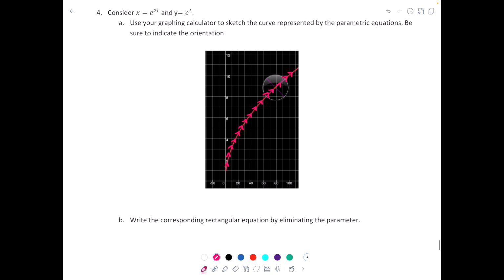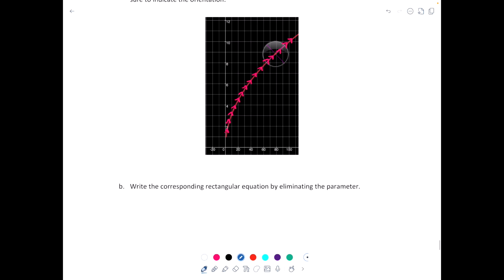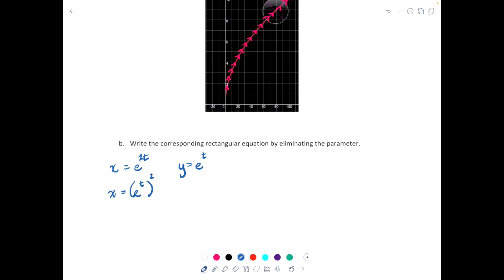And now our task is to eliminate the parameter. So we had x is equal to e to the 2t. We had y is equal to e to the t. Now, if we look at x, e to the 2t is equivalent to e to the t squared, because when you raise a power to a power, you multiply. And that's what y is equal to, is it not?